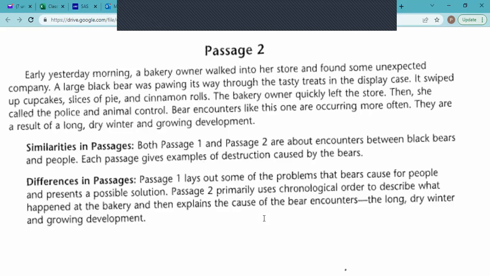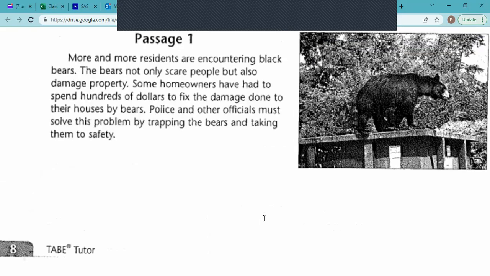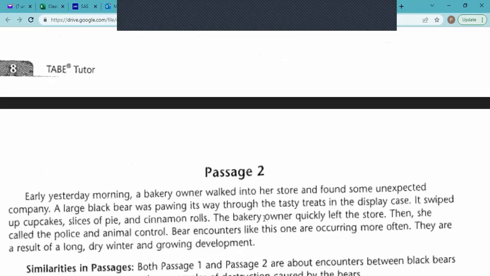So each passage is giving examples of some kind of destruction that has been caused by the bear. If we look for the destruction in passage number 1, well, first off, they're damaging property, right? And then, of course, because of this damaged property, people have to spend more money to fix these things.